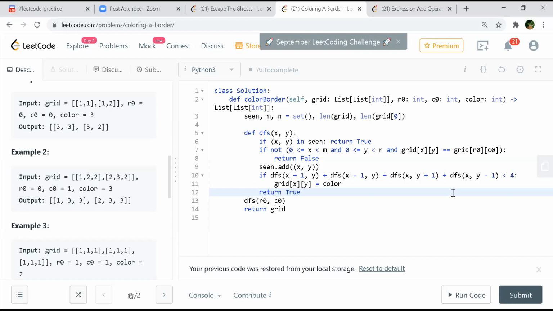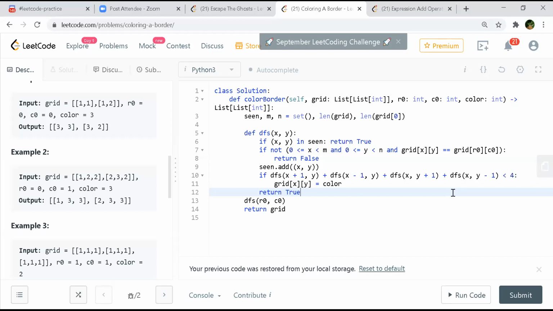No, even if you take that, your DFS value will be 0 in the worst case, right? So he's saying that if all the values on line 10 are zeros, it will still be less than 4, and then you're still coloring that. I'm sure that you might have passed all the test cases and it might have been taken care of, but how it is represented in the code, I'm not able to get that. Yeah, now that's a valid case, right?